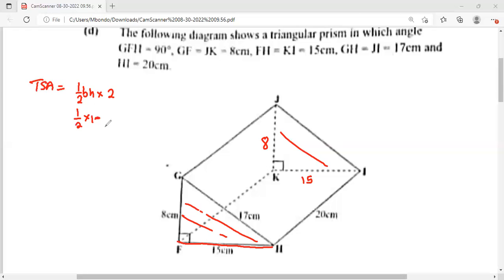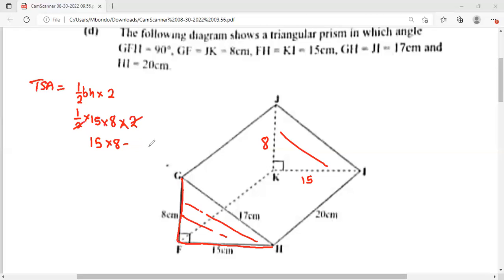Then the height of this triangle is 8 here. We put 8, multiplied by 2. All right. So this 2 will cancel this 2, and we're going to remain with 15 multiplied by 8.